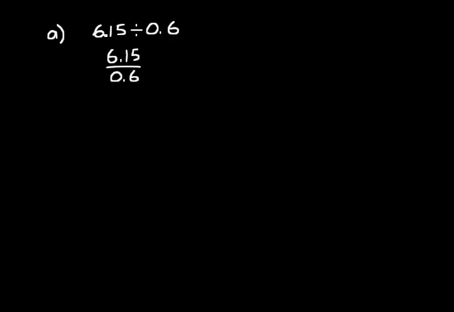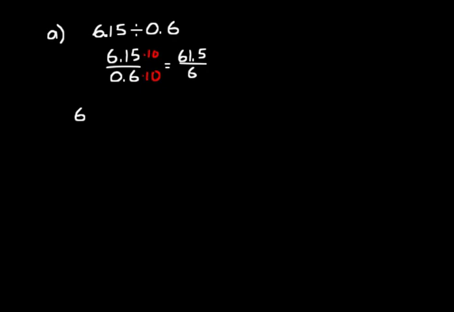And you think, well, it's 6/10, so that means I need to multiply above and below by 10 to get rid of that decimal. And on the top, or the numerator, I'll have 61.5. And on the bottom, I'll end up with a 6.